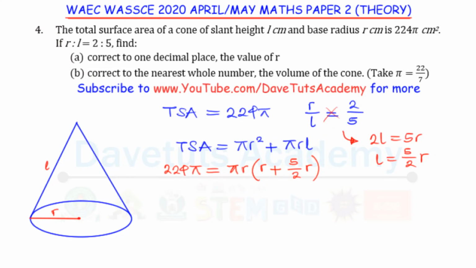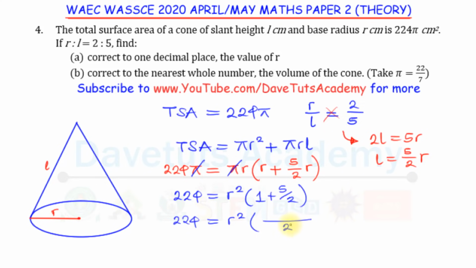So I can knock out pi, and then have 224 equal to R square multiplied by 1 plus 5/2. To express this correctly, 224 is equal to R squared times 1 plus 5/2.